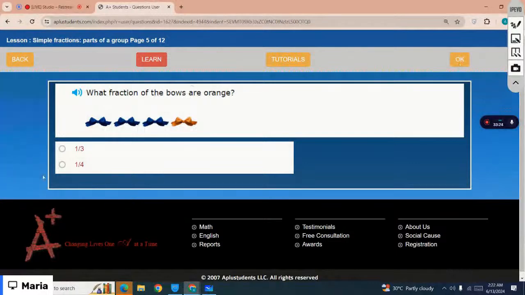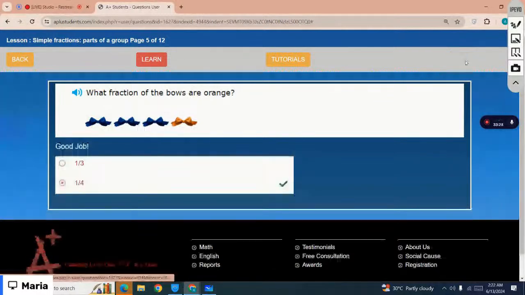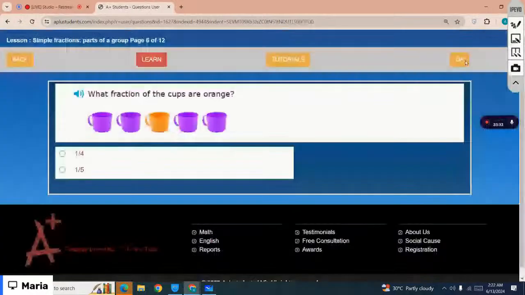The correct option is 1 out of 4. Can you hear me? What fraction of the cups are orange, which is the correct option?